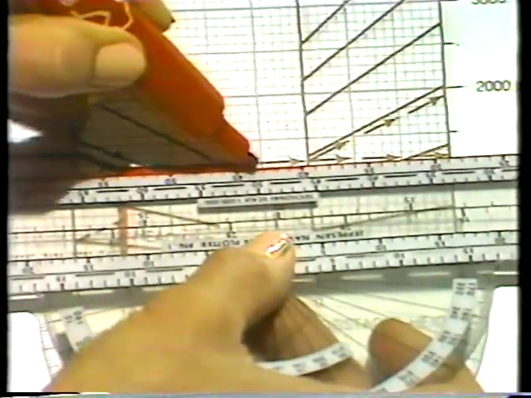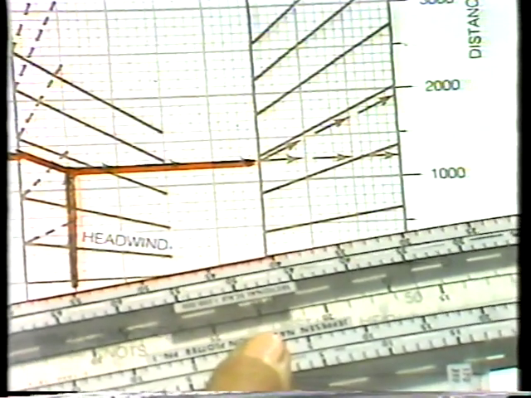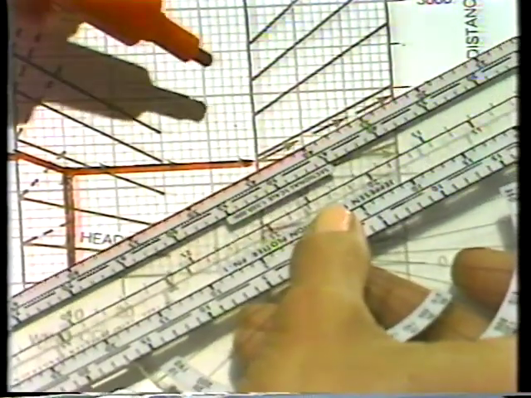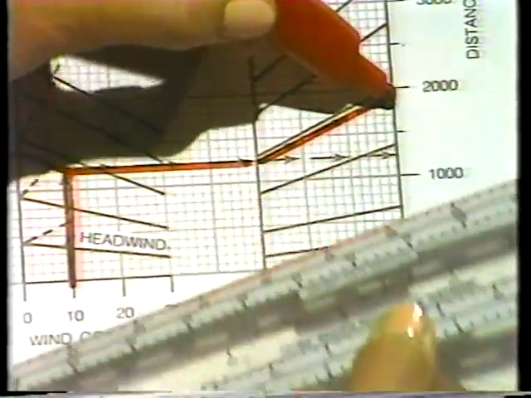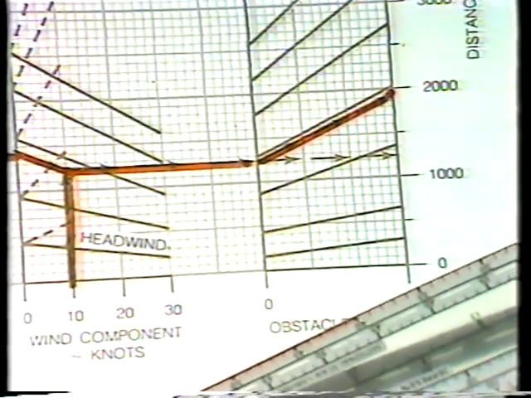To get the final answer, move from this last point horizontally to the right until reaching the obstacle reference line. If the takeoff is to be attempted with a 50-foot obstacle at the end of the runway, find the distance required to clear this obstacle by following the diagonal obstacle lines to the outside reference line, which is 1,900 feet.